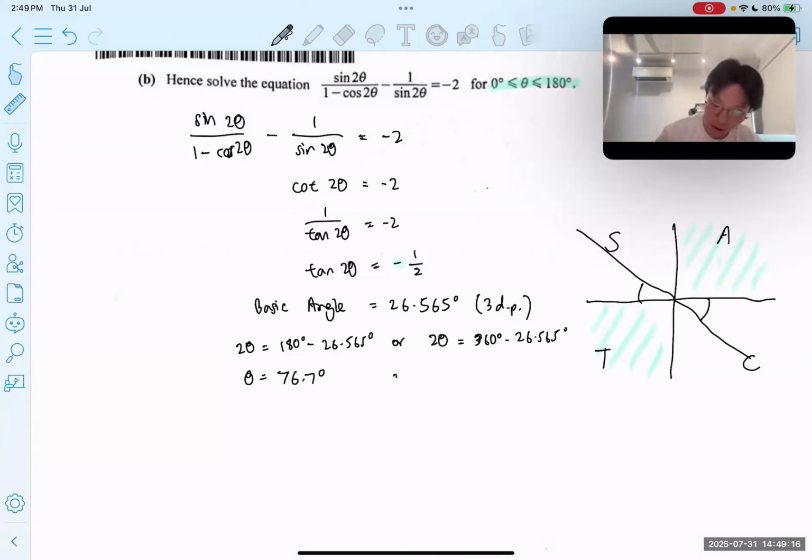For the second, theta is 166.7 degrees. You realize that both thetas fall in the domain that we want. So in this case, we accept both, even though at first we thought we might not have accepted the answer in the fourth quadrant. Just take note that in future, always solve for theta before determining whether it's an answer that we want to accept. Okay, thanks.